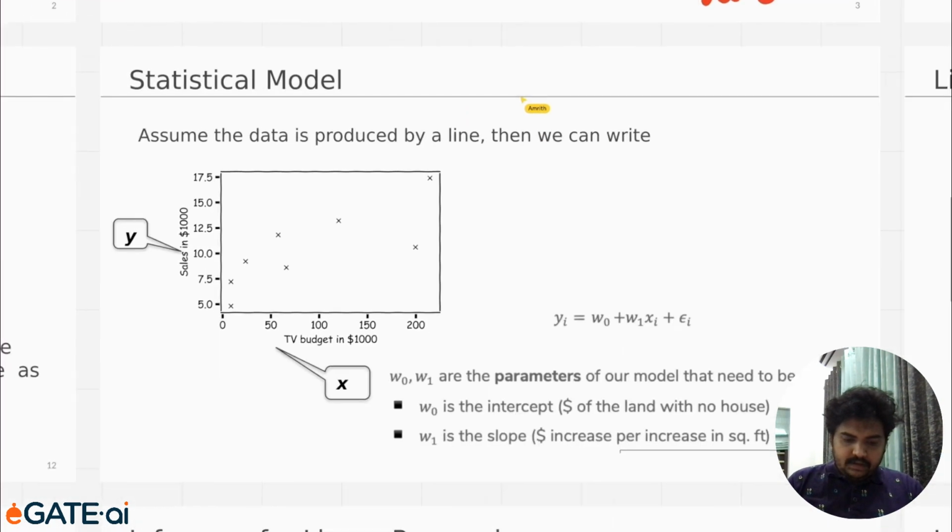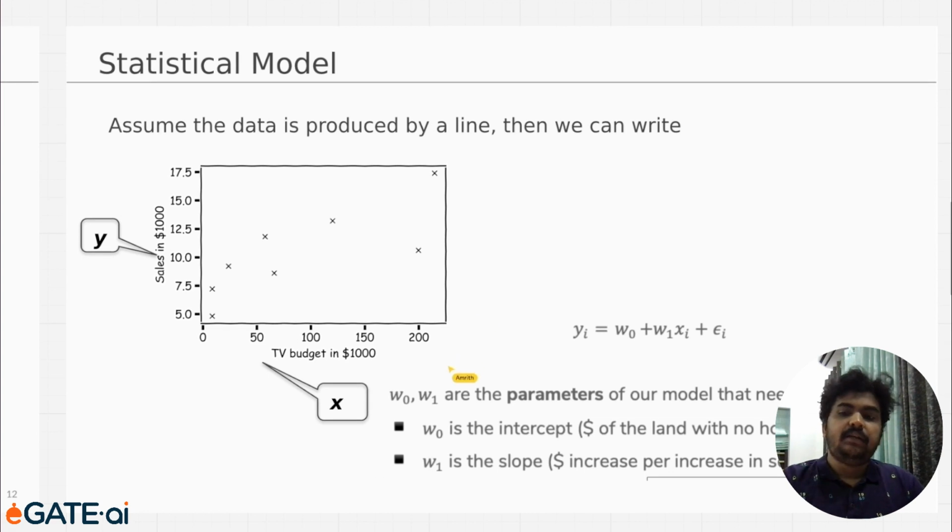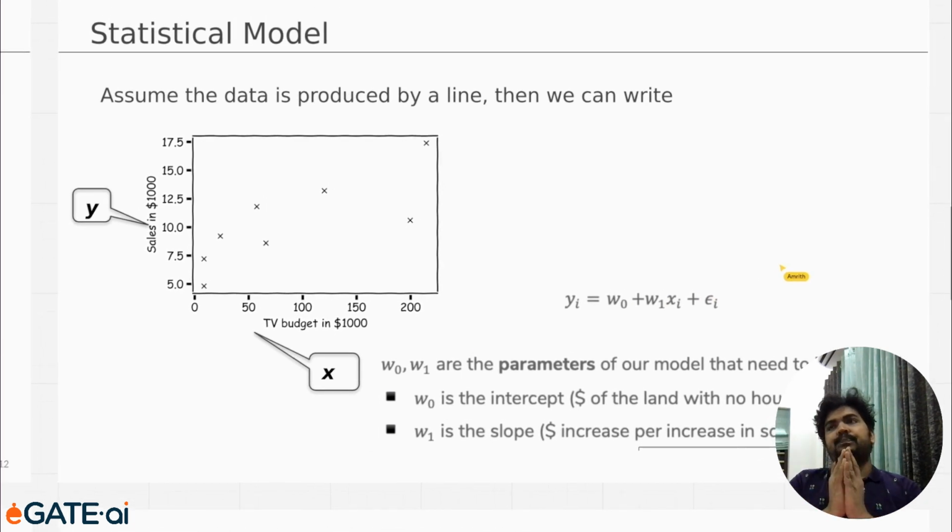So in regression, we are interested in finding that particular function, right? So we have to make certain assumptions about the possible range, or the family that the function belongs to. In linear regression, we are assuming that it's a linear model, or in other words, in this particular case with one variable, we are assuming that the data is produced by a line.